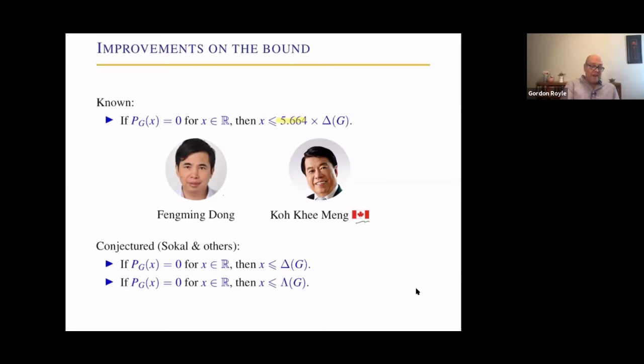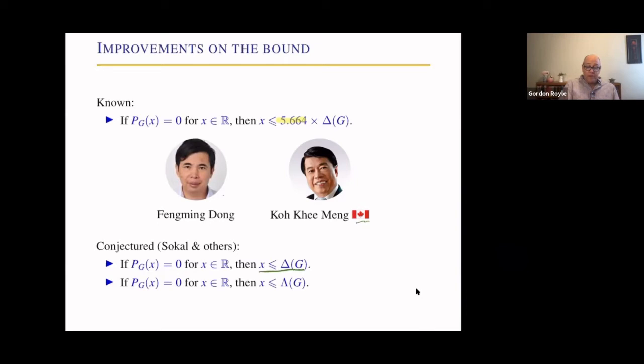Pretty much any conjecture you make about the location of real chromatic roots is feasible, but not proved. So one of Sokal's conjectures, and others, is that any real number greater than the maximum degree cannot be a chromatic root, you can only have chromatic roots for numbers that are less than or equal to the maximum degree.